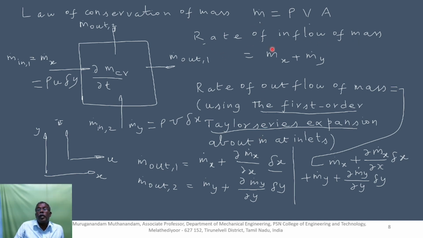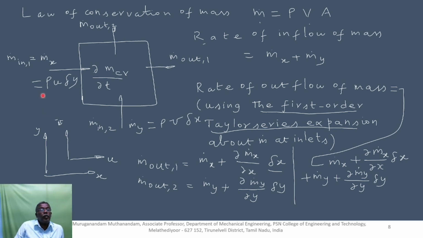The rate of inflow of mass is m dot x plus m dot y, along the positive x direction, that is the horizontal direction, and along the positive y direction in the vertical direction, as shown here. M dot 1 is m dot x, m dot 2 is m dot y.